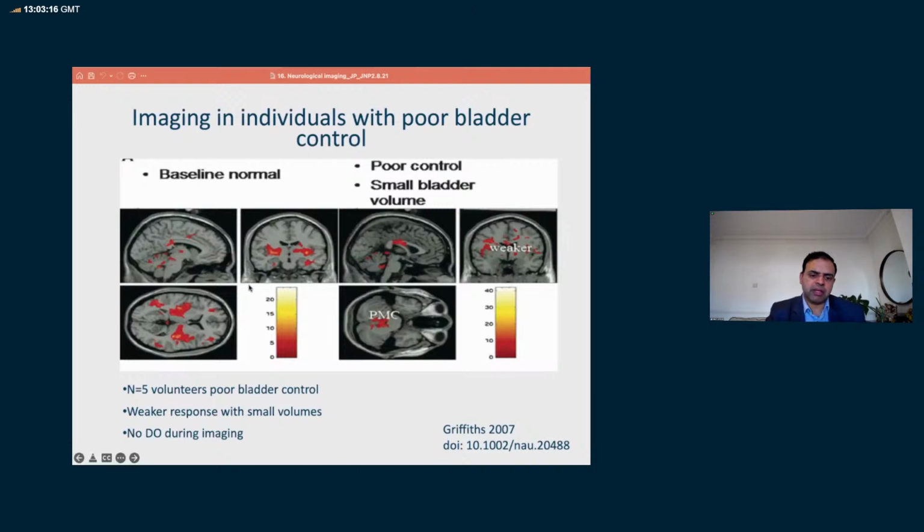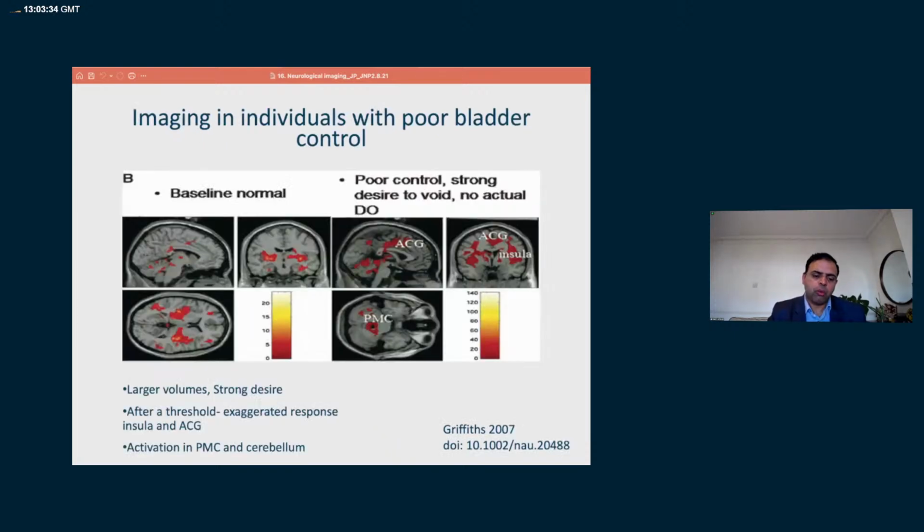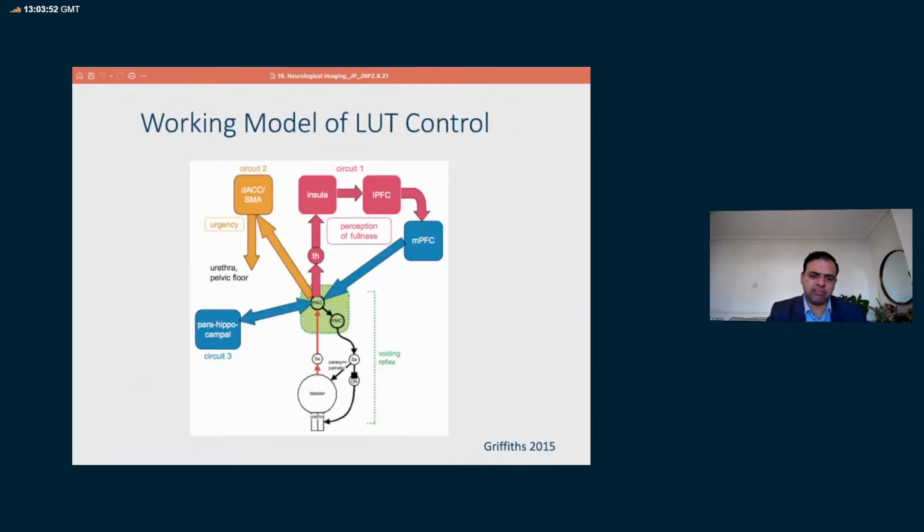In imaging studies, it has been demonstrated that in individuals with urgency, there's a weakened response at smaller volumes, and this becomes exaggerated as the volume infused increases. If the paradigm is a large volume infusion, you get this exaggerated response at that point. So this gives you an idea about the areas in the cortex involved in the perception of sensations in health and in disease.